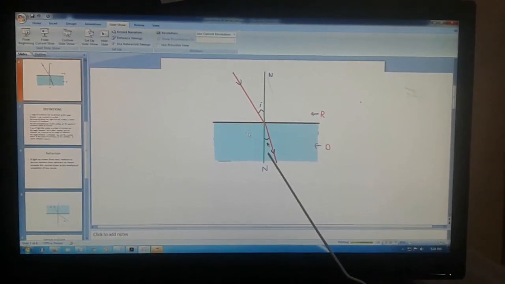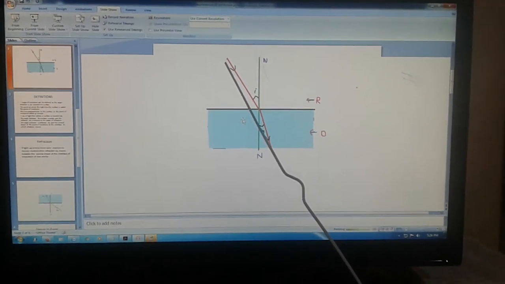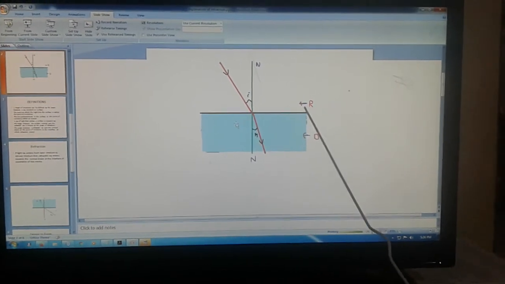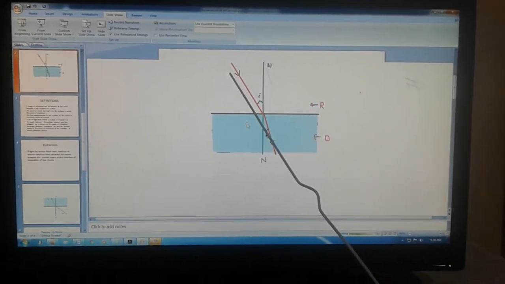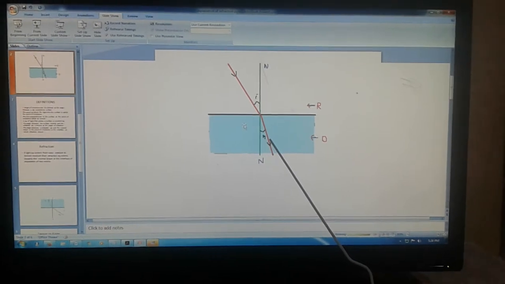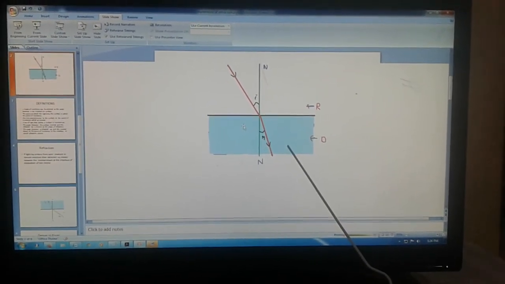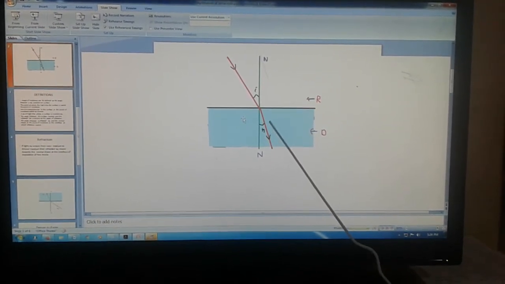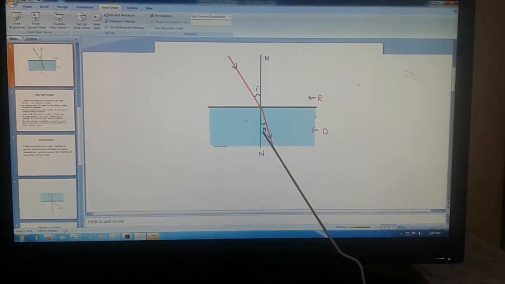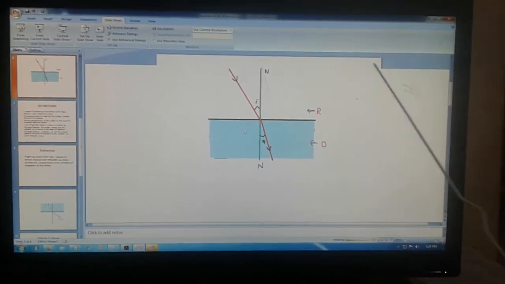This is the important point. Once again, see, the incident ray traveling from the rarer medium, air, to the denser medium, water, the refracted ray bends nearer to the normal.